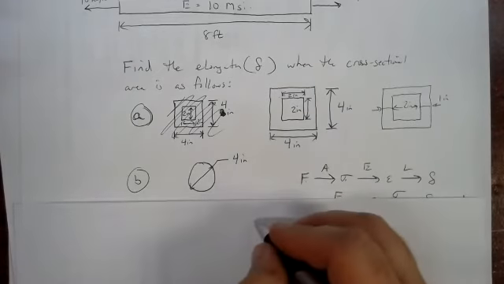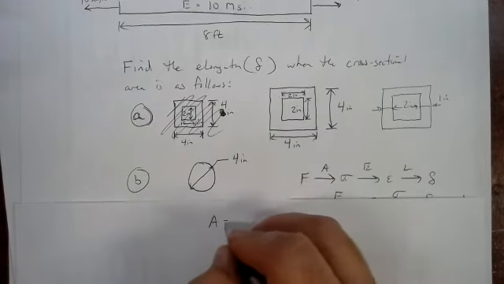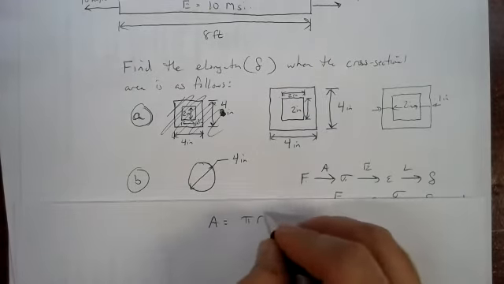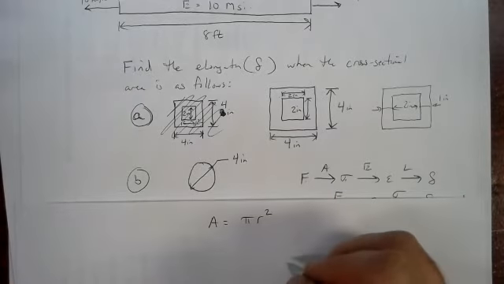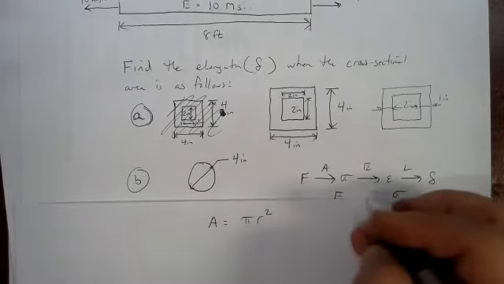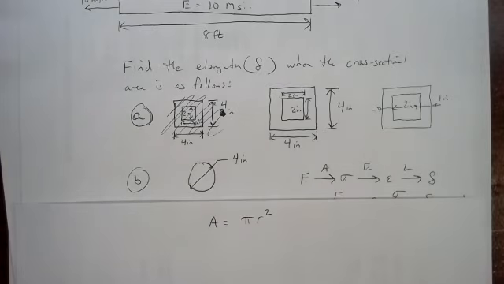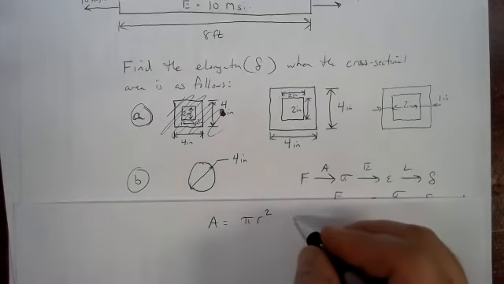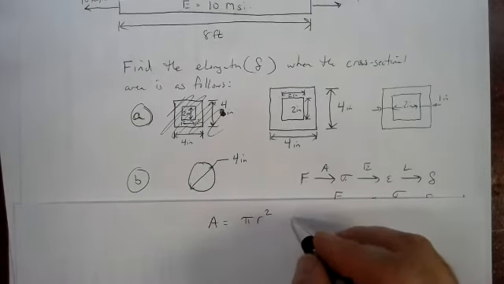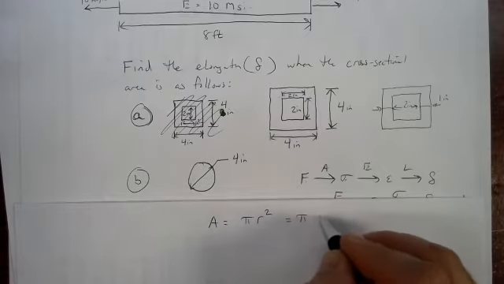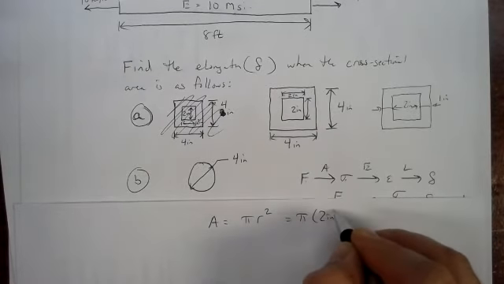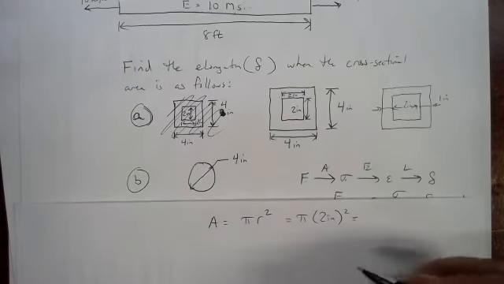The area of a circle is pi times the radius squared. So you've got to watch out for your radii and your diameters. Here I've got a 4-inch diameter, so I've got a 2-inch radius. So this will be pi times 2 inches squared.